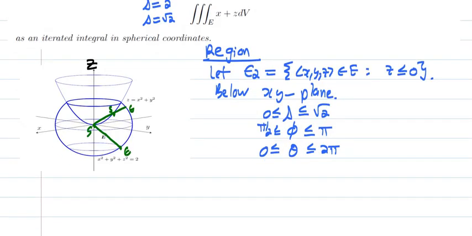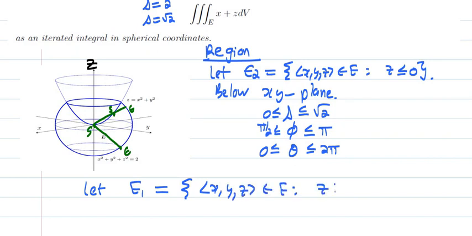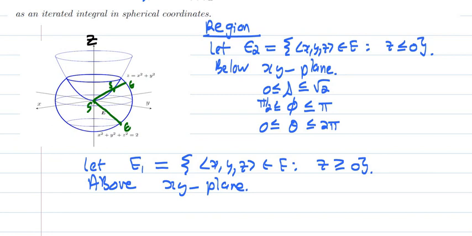Now we've got to continue, and look at the points above the xy plane. So let E1 be all of the points in region E where z is greater or equal to 0. So this is the points above the xy plane. Again, it's quite clear that because you have the points above the xy plane, if you project it onto the xy plane, it's a full circle.